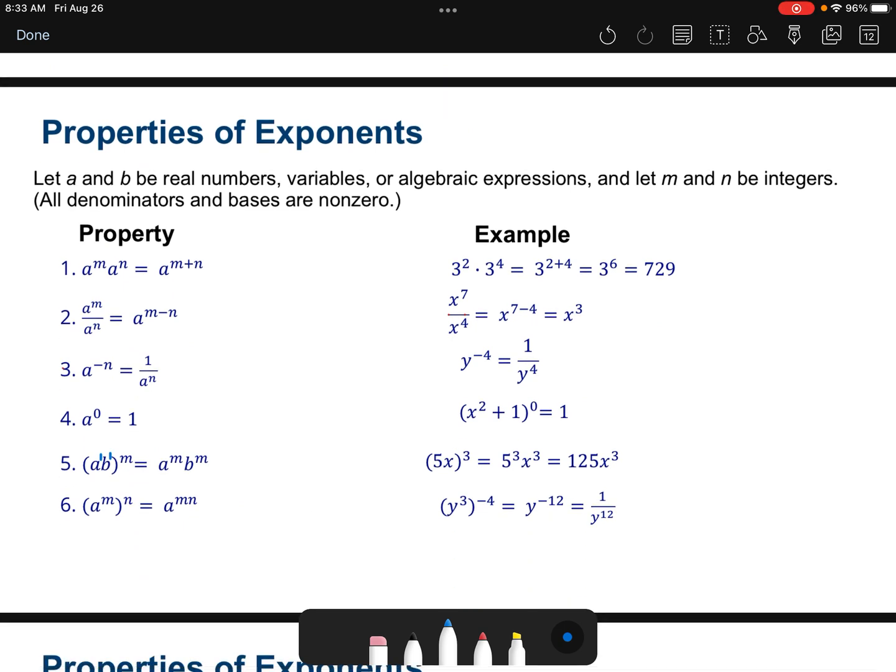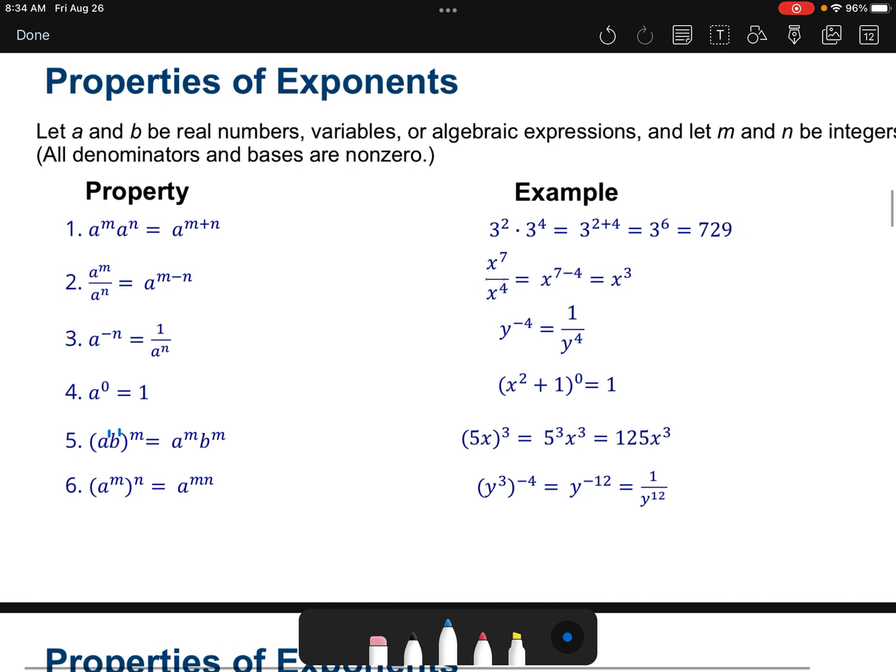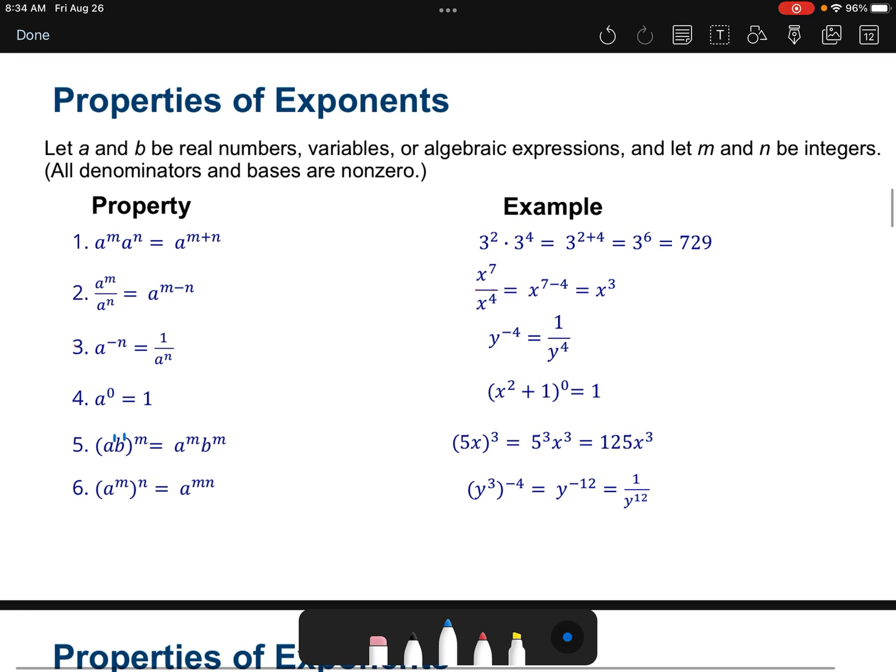We went through a variety of properties, okay? And I'm pretty sure we went through these quite well in class, but the first property, a to the m times a to the n, if you have like bases and you're multiplying, then all we do is add the exponents, okay?